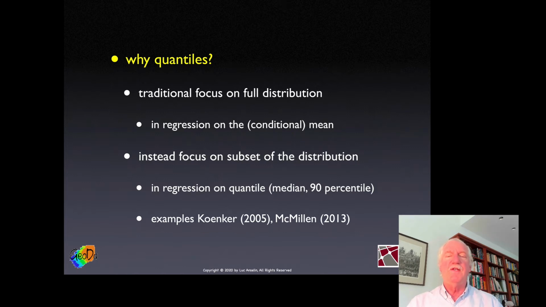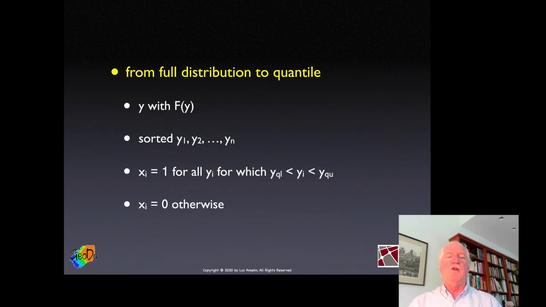Instead, one could focus on the median, which is often more robust to outliers, but also on particular percentiles, like the top 10 or the bottom 10. This turns out to be extremely interesting in financial econometrics, where you're typically not interested in the middle, but in the tails of the distribution where the crazy stuff happens, and understanding that is one of the motivations behind quantile regression.